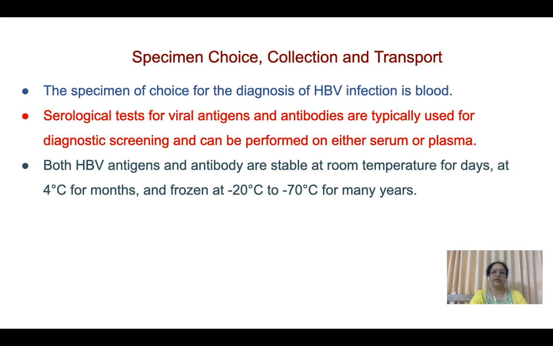That is, you can collect serum or plasma after collection of blood. Both HBV antigens and antibodies are stable at room temperature for days, at up to 4 degrees Celsius for months, and if frozen, that is -20 to -70 degrees Celsius, for many years they are in a stable state.